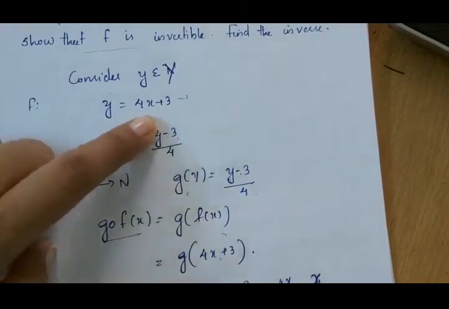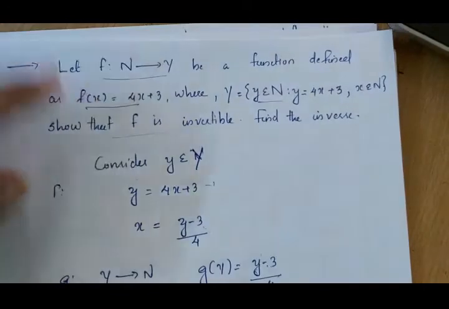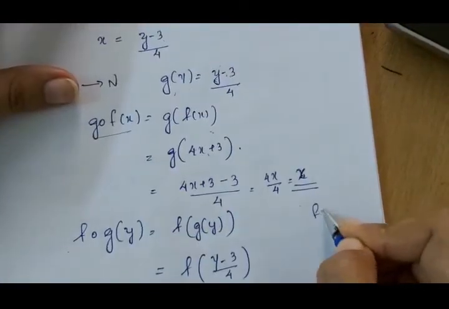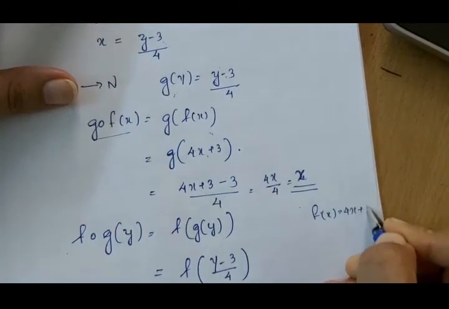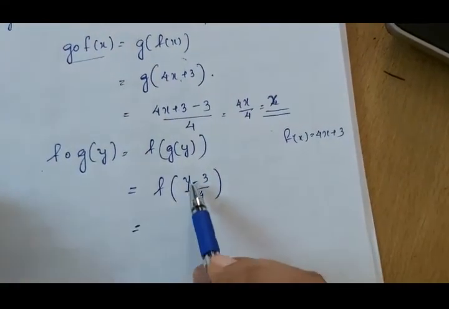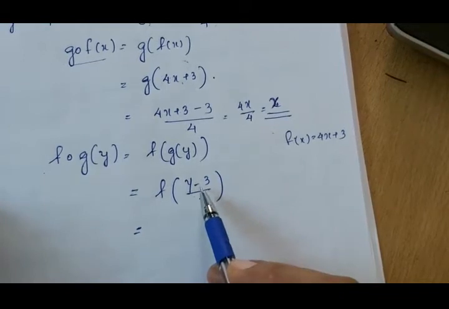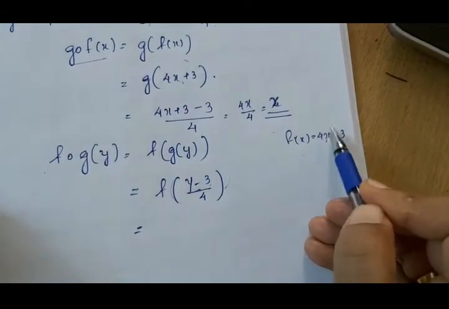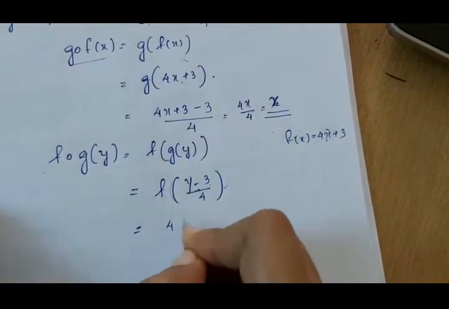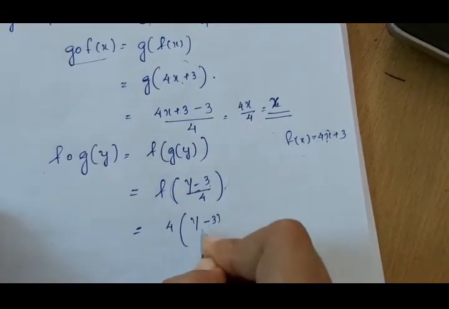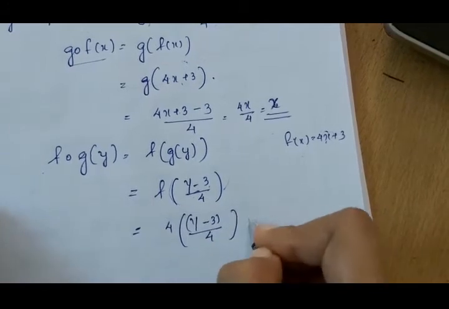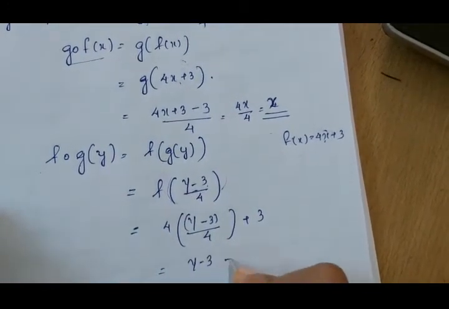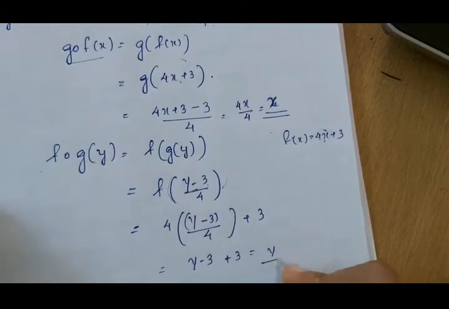F of x is equal to 4x plus 3. Here the x value is y minus 3 divided by 4, so we substitute this in place of x. So 4 into y minus 3 divided by 4, plus 3. The 4 cancels, y minus 3 plus 3, which is equal to y.